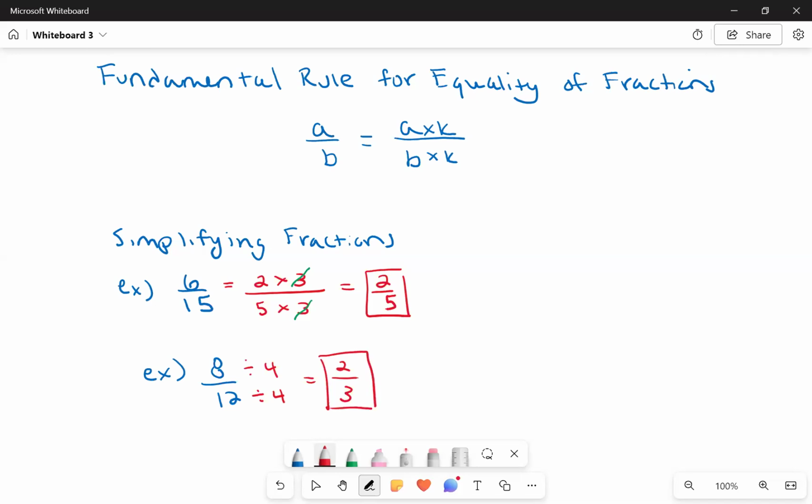So we could divide 8 over 12, both by 4, and simplify to 2/3. Both of these are ways we do simplifying fractions. Typically, though, if you're trying to emphasize the fundamental rule of equality, you're going to want to use the first approach that we did on the 6/15.